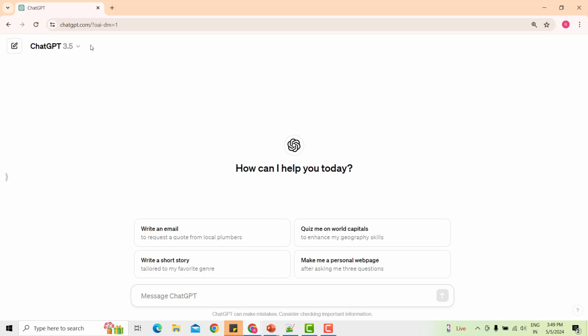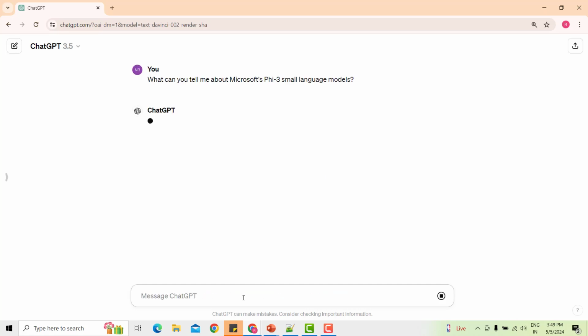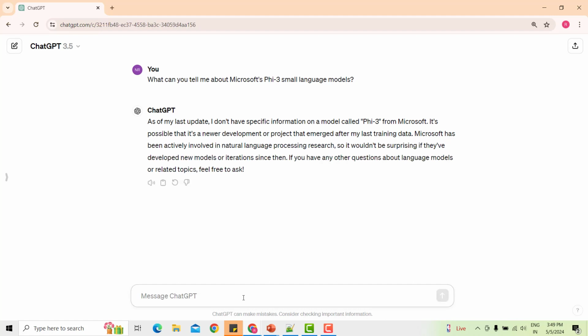I'm in chat.openai.com or chatgpt.com interface. I'm currently using the 3.5 model. Let me ask a question about a very recent announcement. Microsoft released small language models called Phi-3 in April 2024.